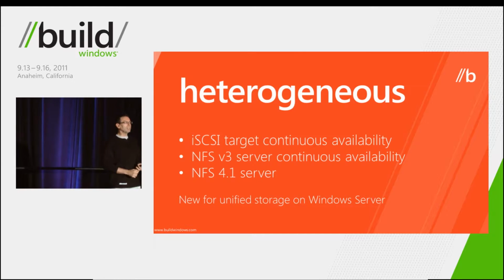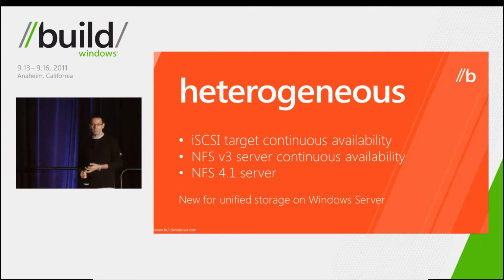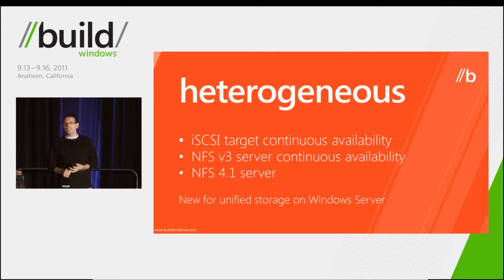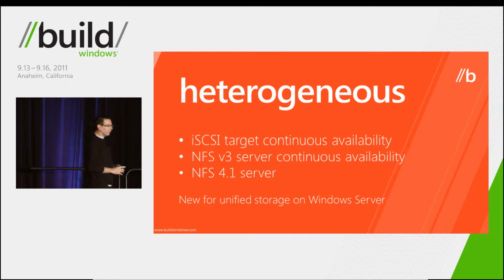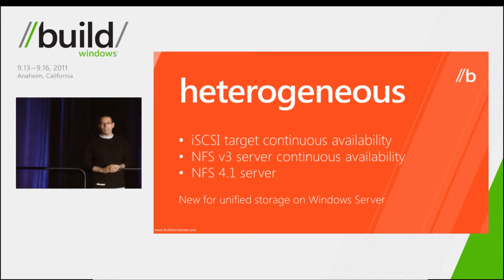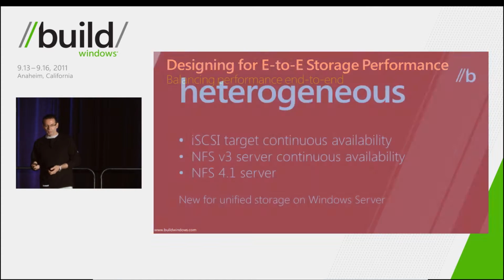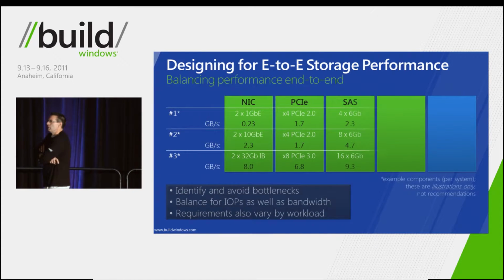We did continuous availability for iSCSI Target in Windows Server 8. The NFS v3 server shipped previously, but now in Windows Server 8, it works with continuous availability. And then another aspect that we haven't talked about so far in this conference is that Windows Server 8 will have an NFS v4.1 server in the box.